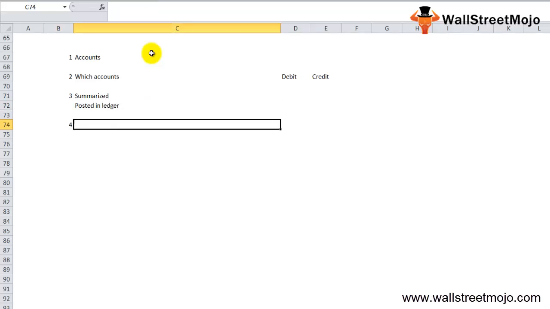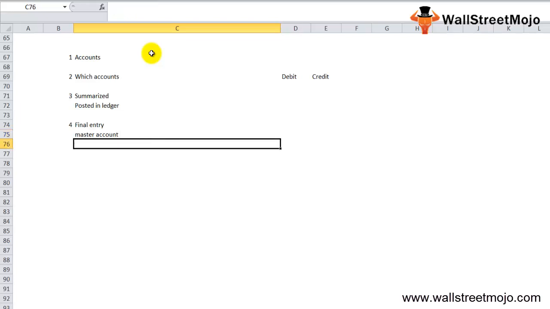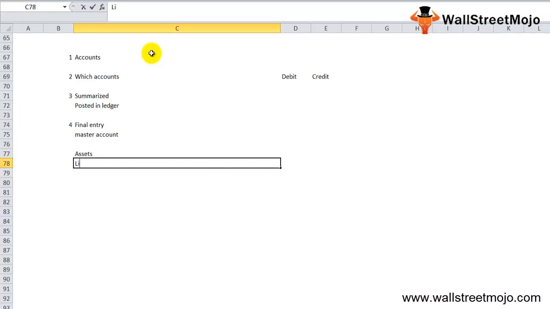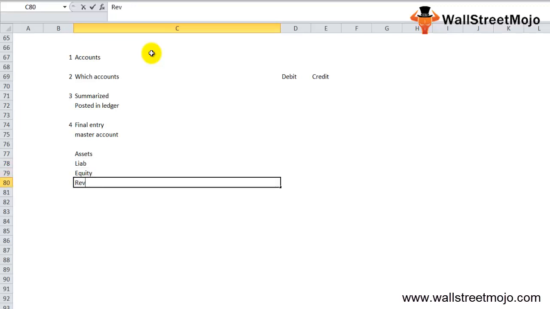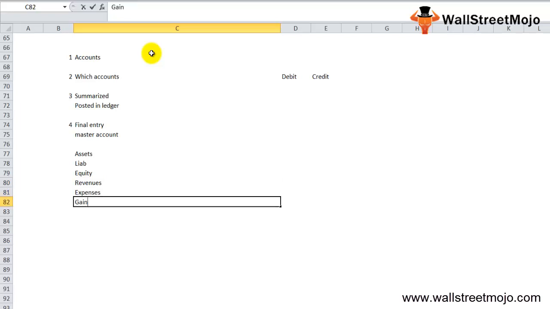Now, a ledger over here is an account of the final end, which is a master account. It is the master account that summarizes the transactions in the company, and it has individual accounts that record your assets, your liabilities, your equity, then your revenues, expenses, gains and losses.